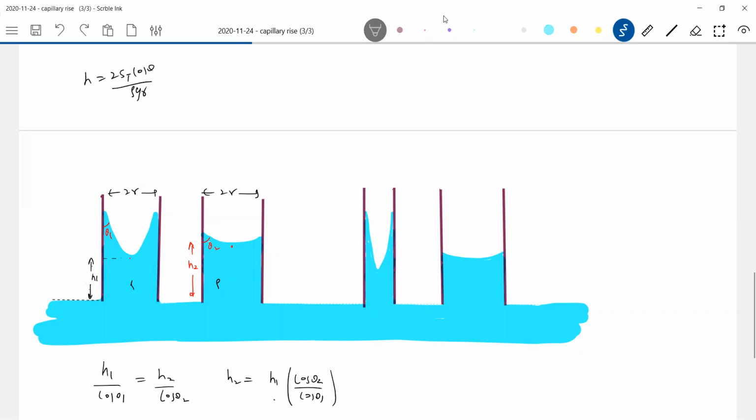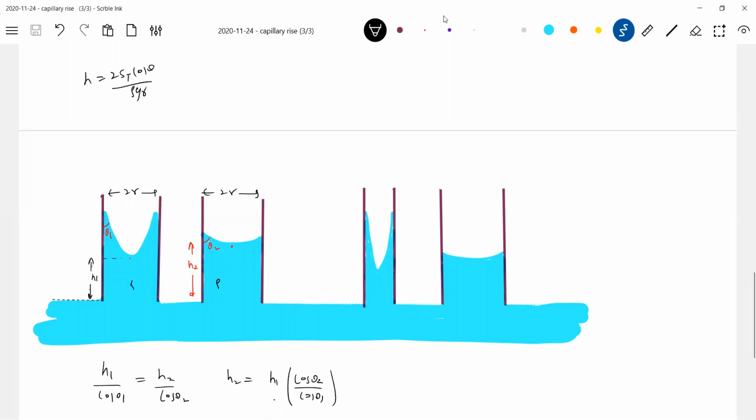The ratio should be constant here. So H1 is a certain value initially. As theta 2 is greater than theta 1, say 60 degrees and let this be 30 degrees, H2 should be less than H1. That may not appear in the diagram.